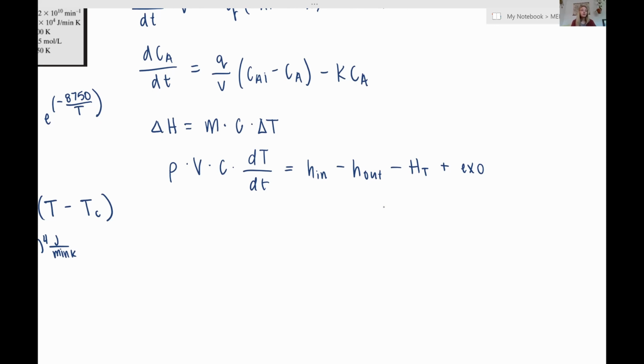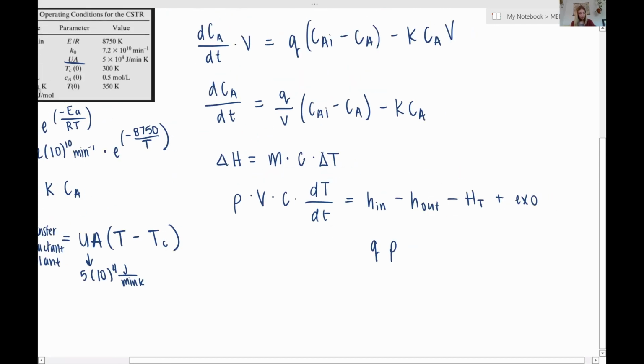So thinking about the enthalpy going in and enthalpy going out, we can use the same principle of delta H equals M times C times delta T. We have our flow rate going in and out of our tank that are equal to each other. So our Q. And again, it's volumetric, so we need to multiply by our rho, our density.